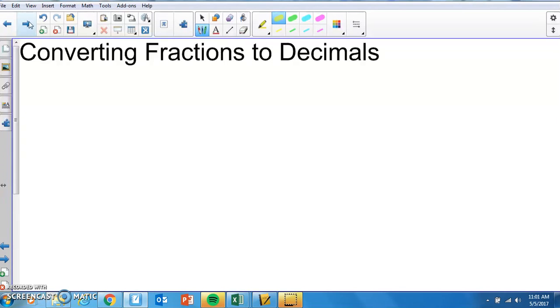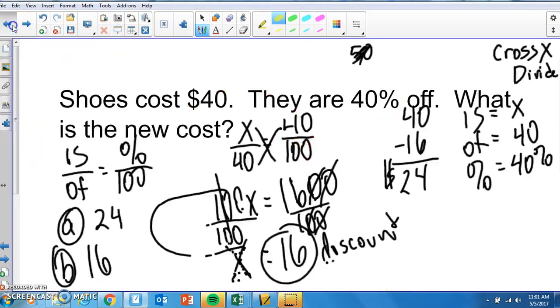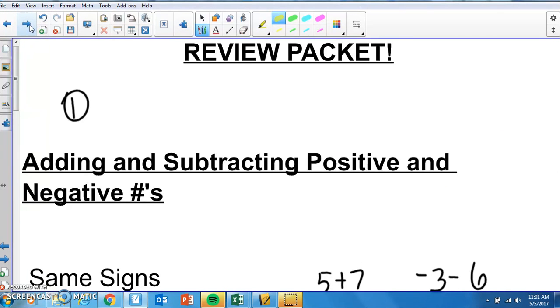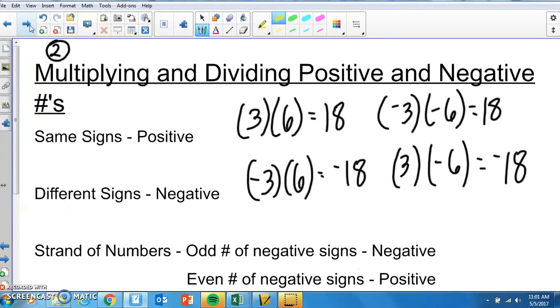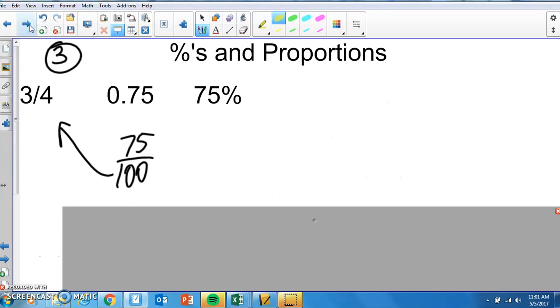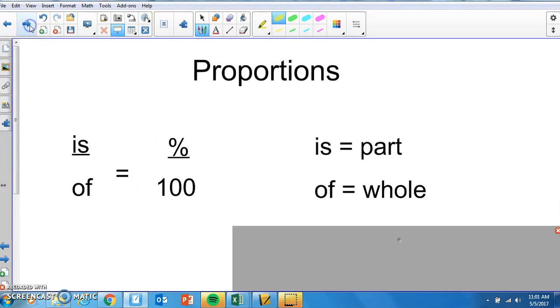But before we do that, let's talk real quick about how everything should look in the review packet. If I go back, we have first thing is adding and subtracting positive and negative numbers, then multiplying and dividing positive and negative numbers. Number 3 is percents and proportions.